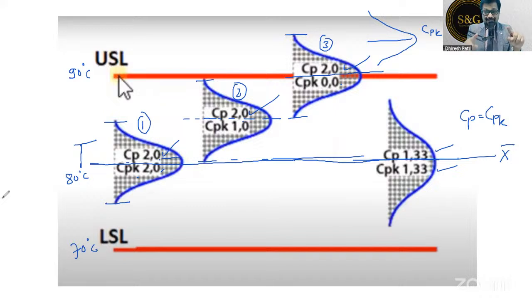I repeat again. Cpk can become Cp, but it cannot exceed Cp. For example, you can make 36 runs, but you cannot exceed 36 runs because that's the potential. Correct. Are you understanding?